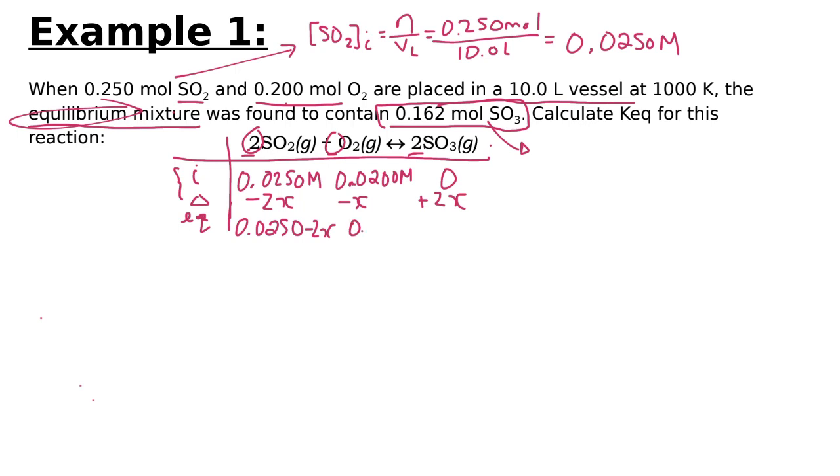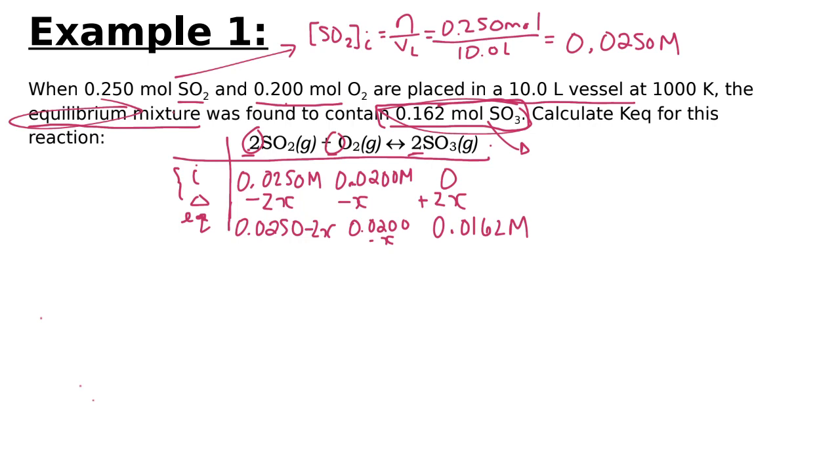We're going to have 0.0200 minus x for oxygen. And then at equilibrium, we know the concentration of SO3. And remember, we got to divide by 10. So it's going to be 0.0162 molar.